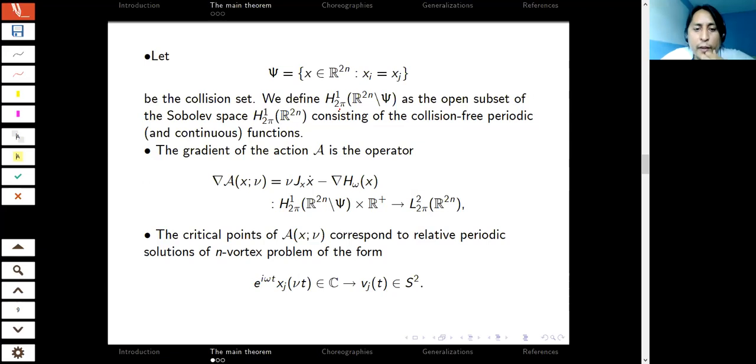And then I'm going to define the Sobolev space of 2 pi periodic functions with one derivative, such that they don't have collisions.